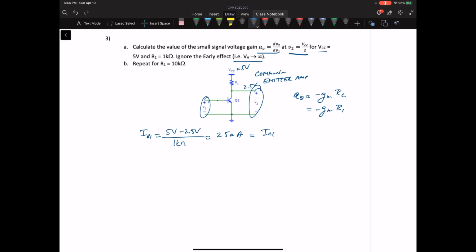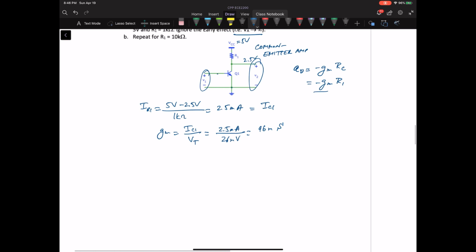From this we can calculate the transconductance, which we need for the gain. gm is equal to I sub C1 over VT, which is 2.5 milliamps over 26 millivolts, and that is equal to 96 millisiemens.